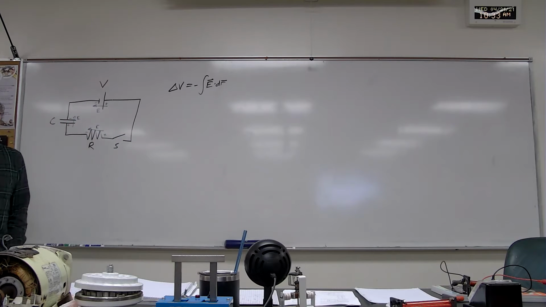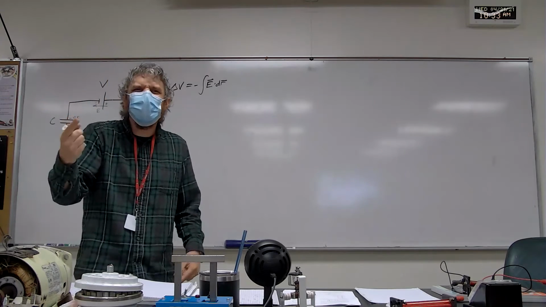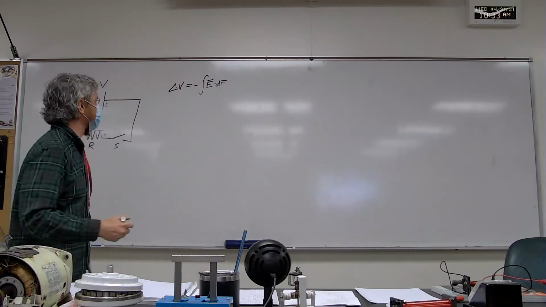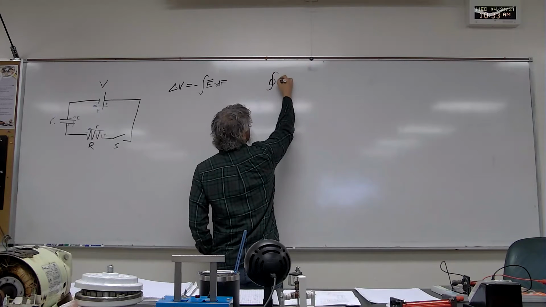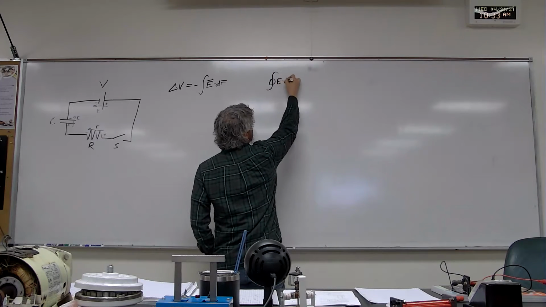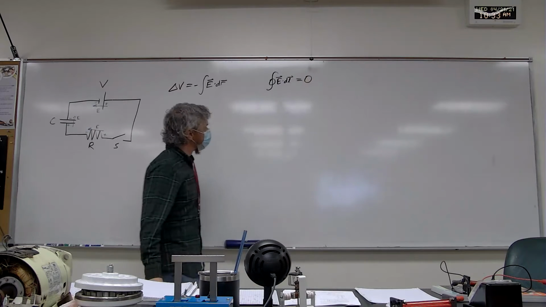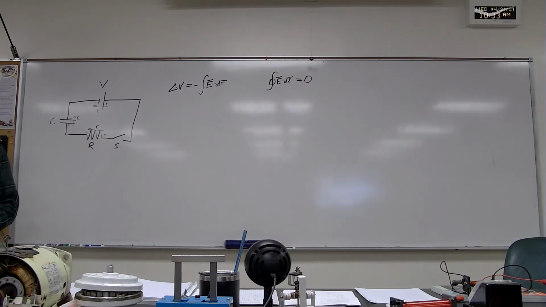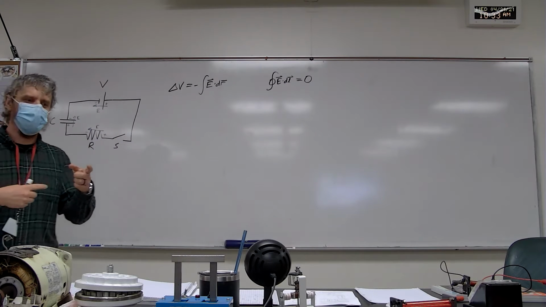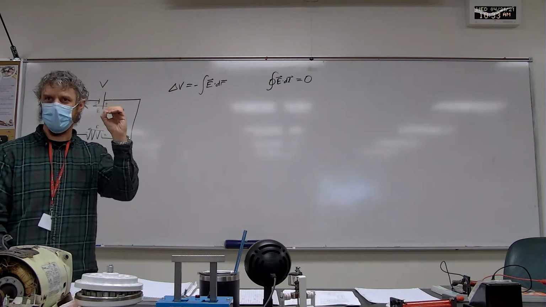But then we learned that when we have an induced voltage within an entire loop of wire that doesn't technically have a starting and ending point, we can say that the closed loop integral of E dot dl is going to equal 0 if I have a closed loop, because Kirchhoff's voltage law says that the sum of voltages around any closed loop is going to be 0 every single time.